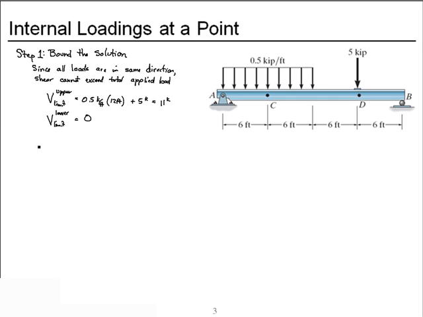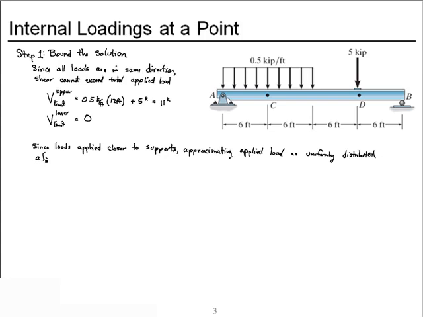Since the loads are applied closer to the supports, when we approximate the total load as uniformly distributed across the beam, we're going to get an overestimate.